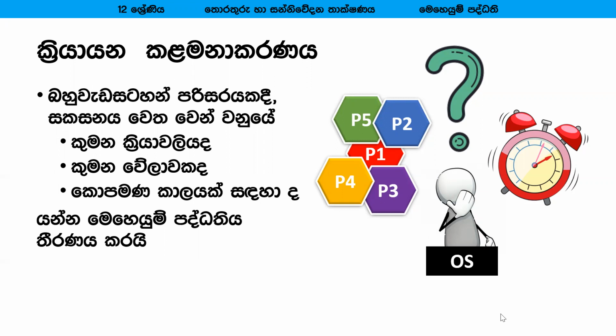Those are the major questions that the operating system has. To handle that, the operating system maintains particular states regarding the processes, and it also maintains a priority list regarding the processes, right?